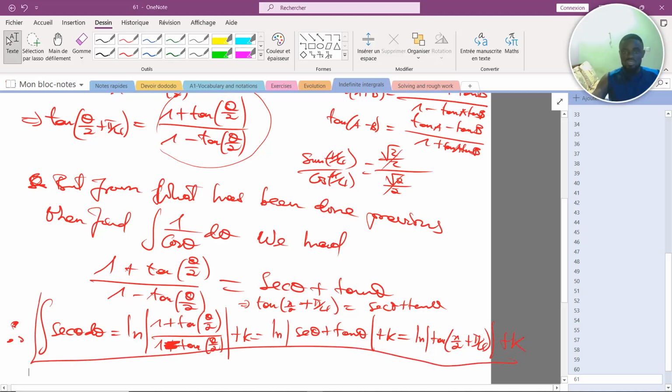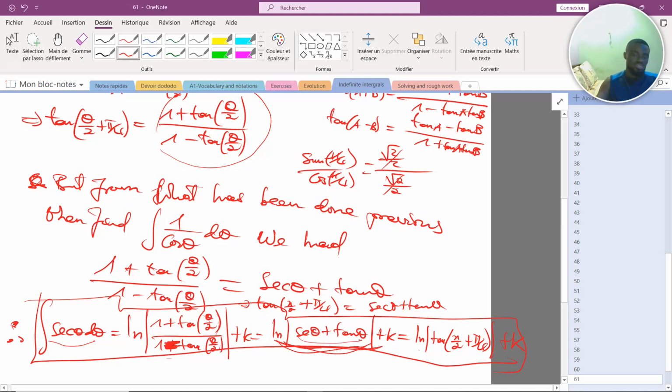So that's basically how you do it. You see that the integral of sec theta is either this. In some exercises, you know already how to prove this, because the answer you always have at the end will be this. Now you will have to prove that this is equal to what?